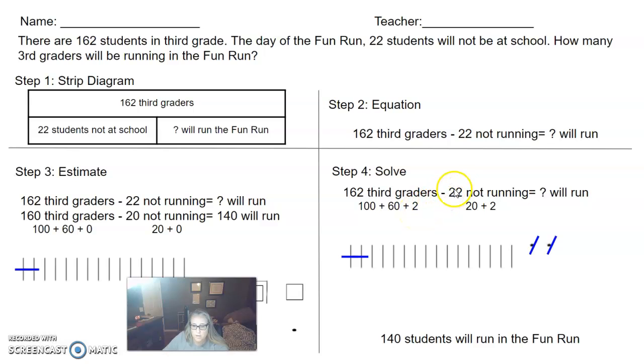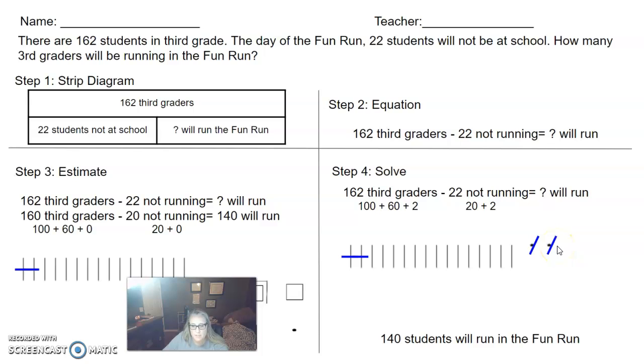I'm going to subtract 22, so I'm going to take away 20, and I'm going to take away 2. And that's exactly what I've done. So I have my 162: 10, 20, 30, 40, 50, 60, 70, 80, 90, 100, 110, 120, 130, 140, 150, 160, 161, 162.